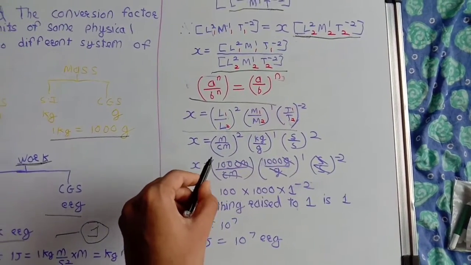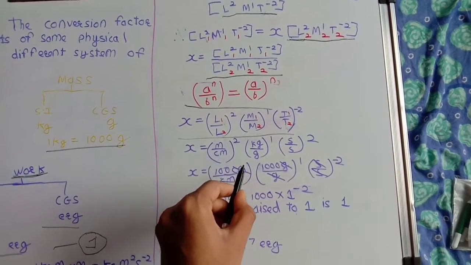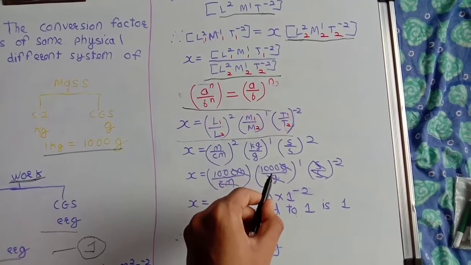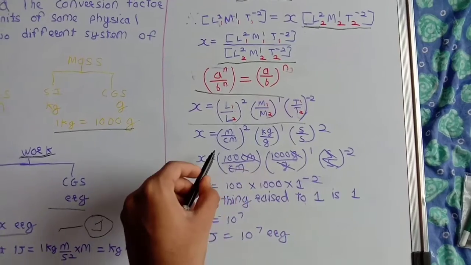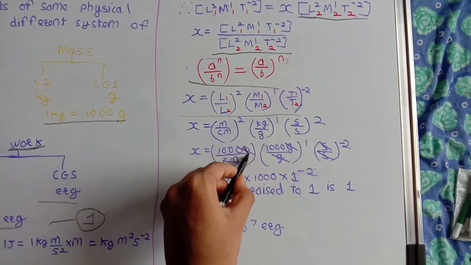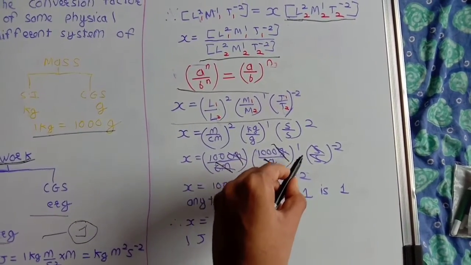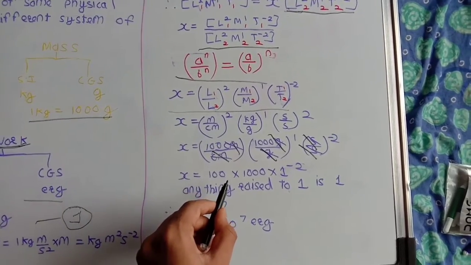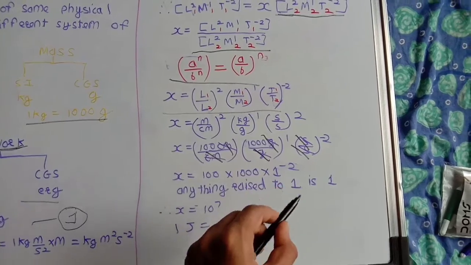Then 1 meter is equal to 100 centimeter, and 1 kilogram is equal to 1000 gram. So centimeter and centimeter get cancelled, gram and gram get cancelled, and second gets cancelled. Then we will get x is equal to 100 into 1000 into 1 raised to minus 2.